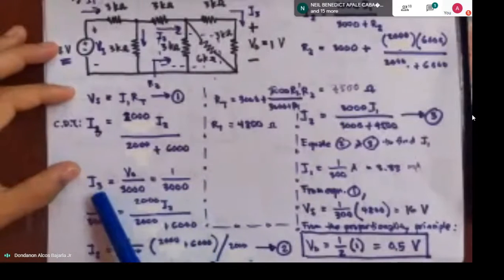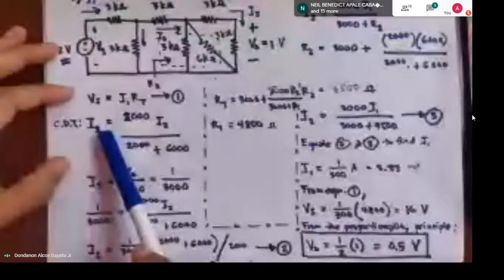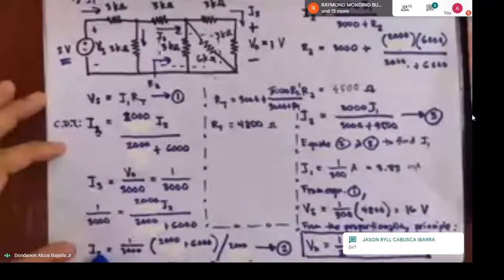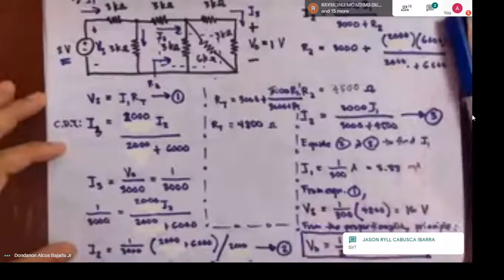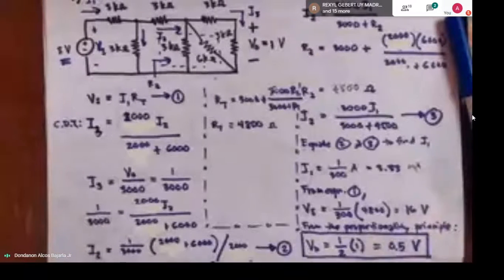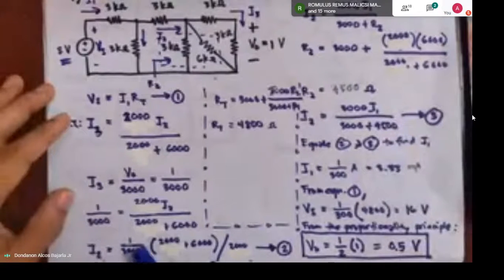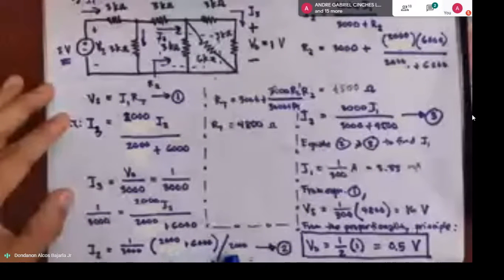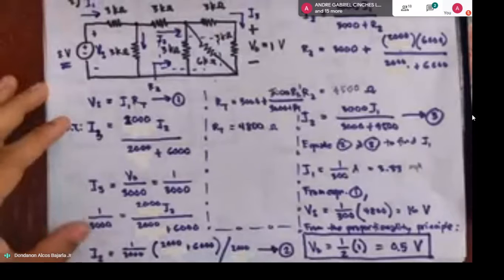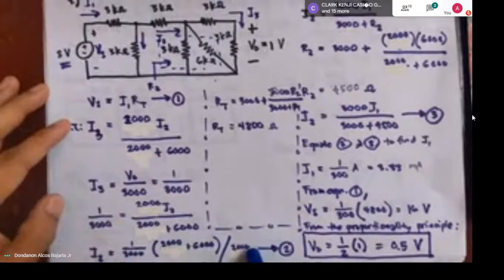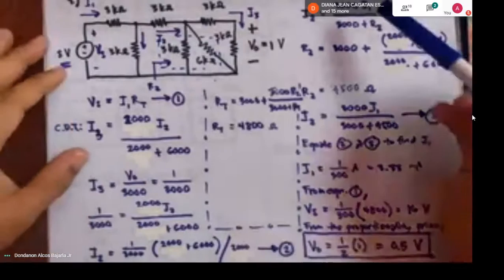So using this value in this equation, you can solve for I sub 2 here. I sub 2 can be determined from this equation. There's no other unknown except I sub 2, so we can get I sub 2 here.